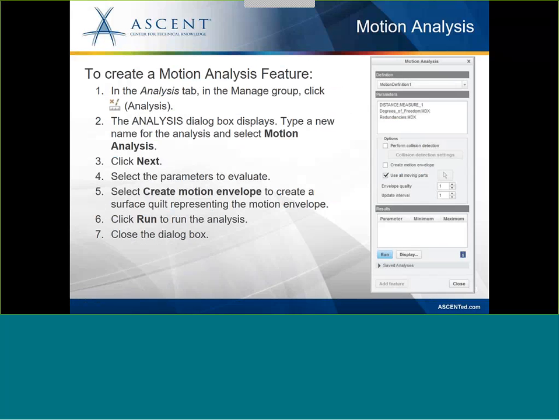In here, we select the parameters that we want to evaluate. We can apply some additional options, so we can do collision detection or, as I mentioned previously, create a motion envelope. And the system will evaluate the parameter that we've selected as the model runs through its range of motion.